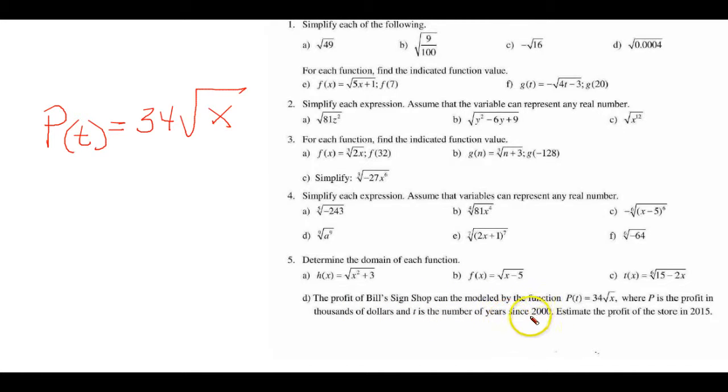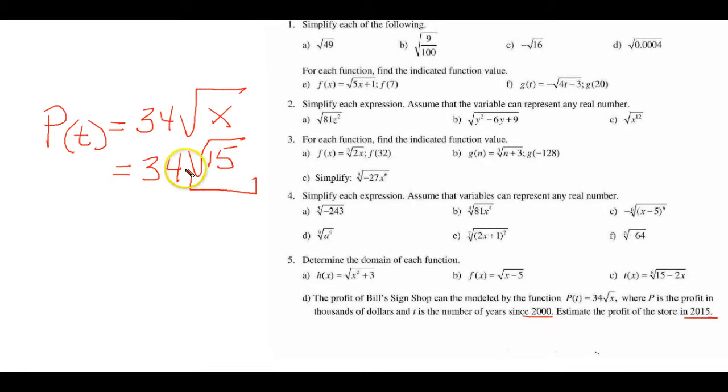Okay, so from 2000 to 2015, how many years would that be? And the answer is 15. So you put this in your calculator, and be sure you know how to put that in the calculator correctly.